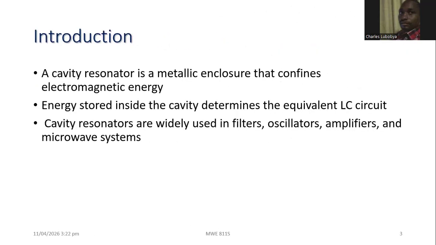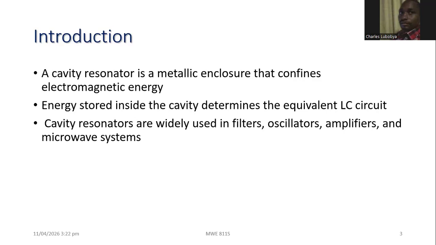Now, a cavity resonator is nothing but a metallic enclosure that confines electromagnetic energy. Essentially, you cover both sides of a rectangular or circular waveguide, and then you create some energy radiation by opening one of the sides. And again, you can output that signal by opening the other end of the waveguide.